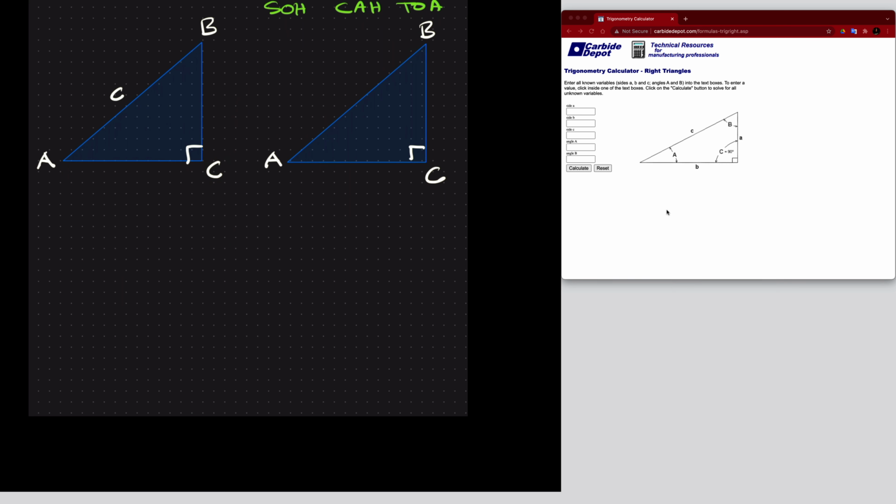And directly across, or opposite of that B angle, would be side B with a lowercase b. And directly across from A, the opposite of A, would be side A, labeled with a lowercase a. And remember that C is always going to be the hypotenuse.